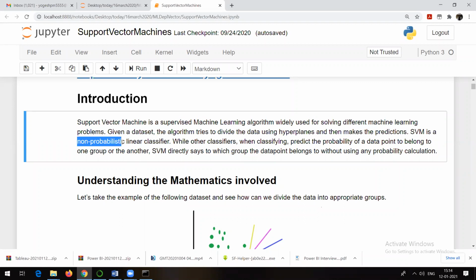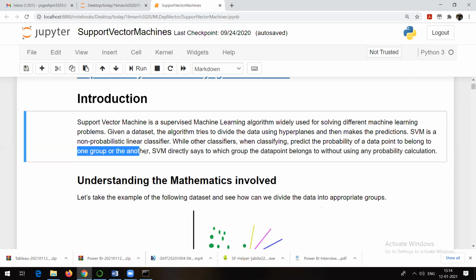I already told you it makes use of something called a hyperplane to solve classification problems, right? While other classification algorithms, when classifying, predict the probability of a data point belonging to one group or another. Whichever class has the greater probability, that particular observation is going to belong to the respective class.